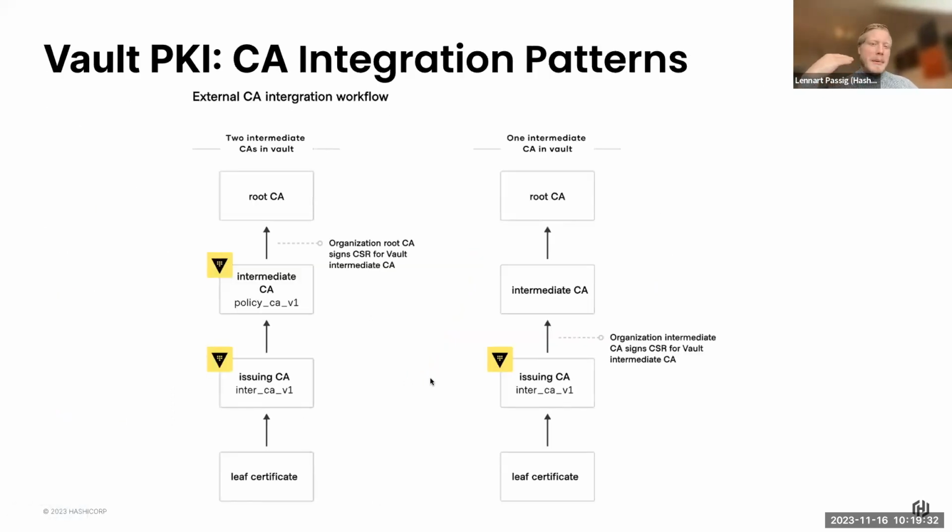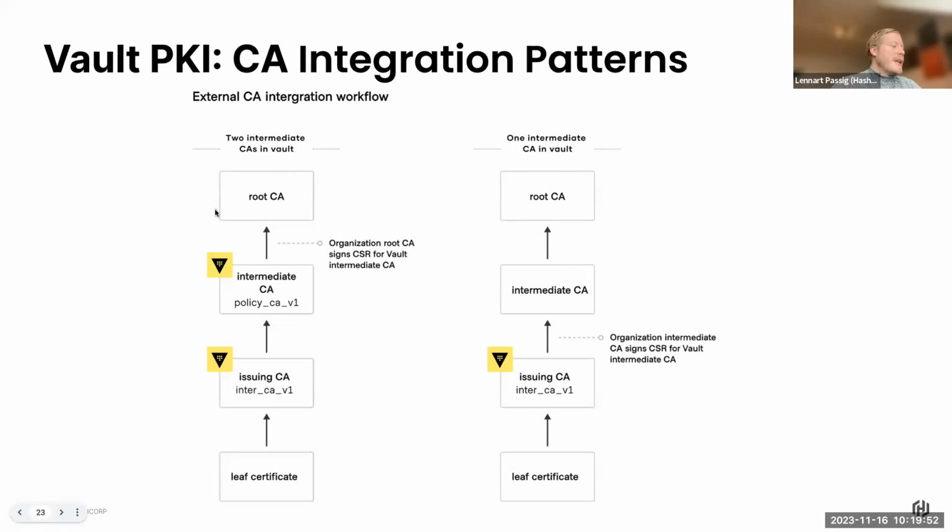As I mentioned before, you also have the opportunity to not only say my root CA should be Vault-based, but you can also say my root CA is not in Vault. My root CA is a Windows CA, or some Linux implementation of a CA.